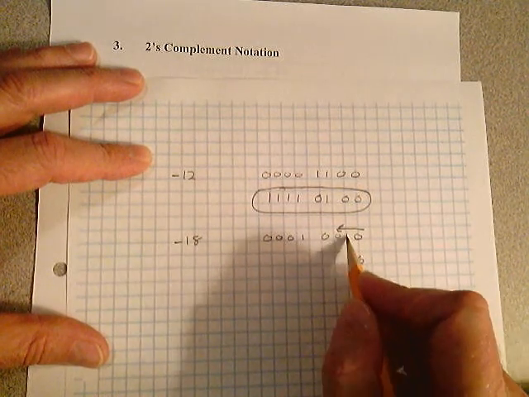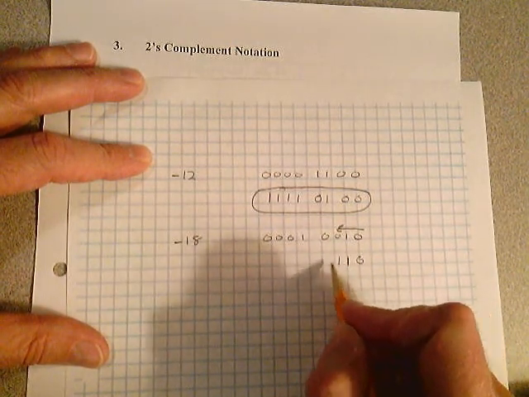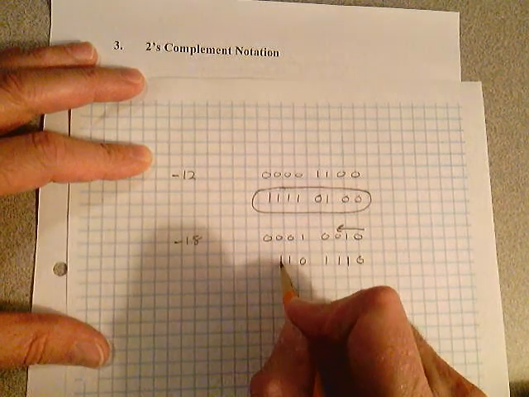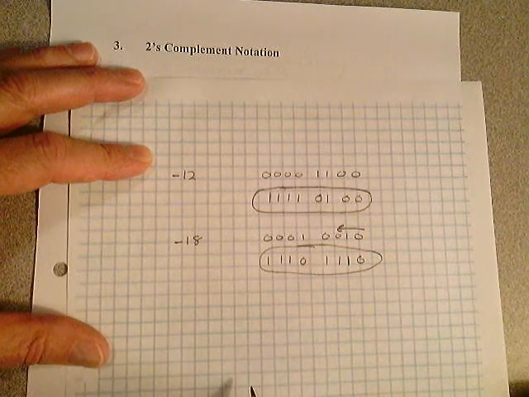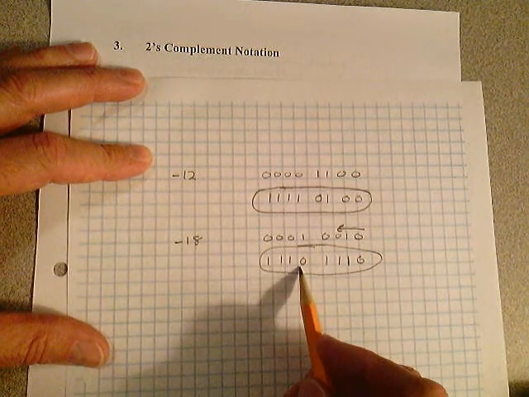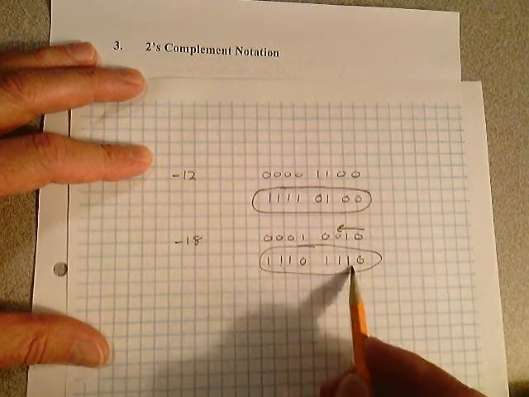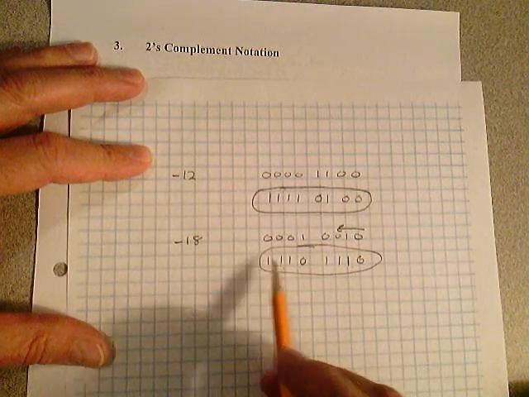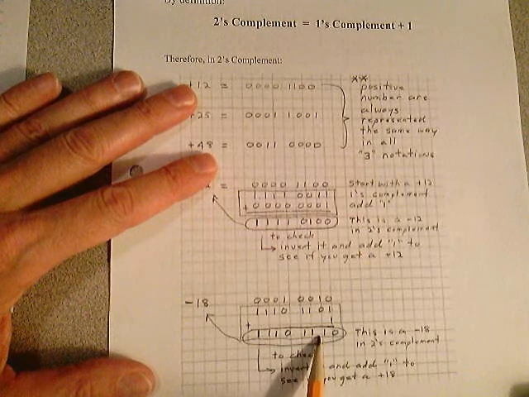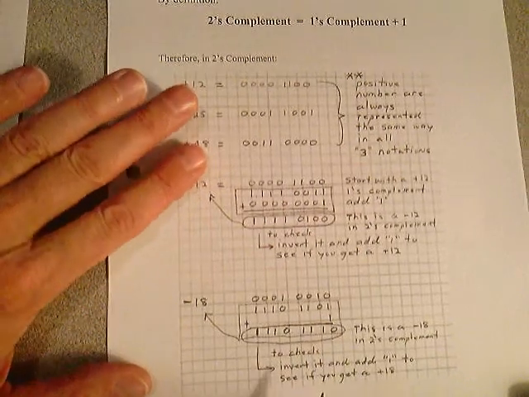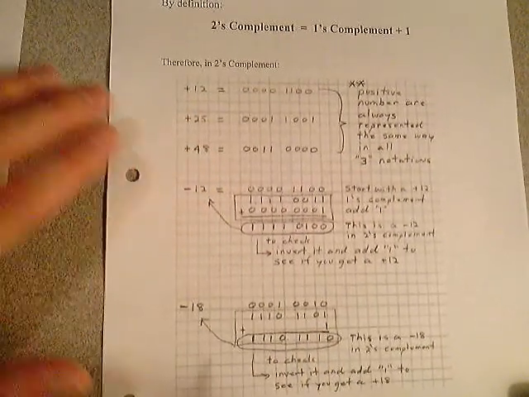Once you get to that first 1, you write it down, and then you invert everything thereafter. Notice that's an echo echo. That's how you show a negative 18 in 2's complement. Well, here it is, the echo echo that we did the long way. So keep that in mind.